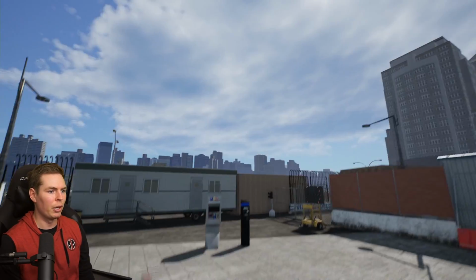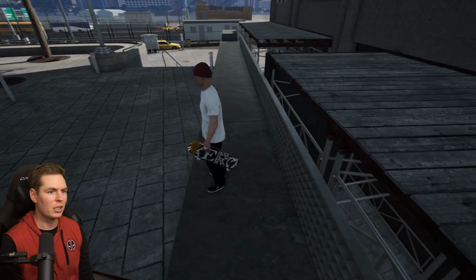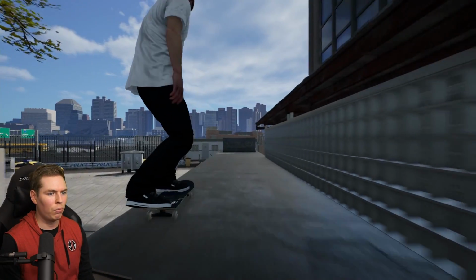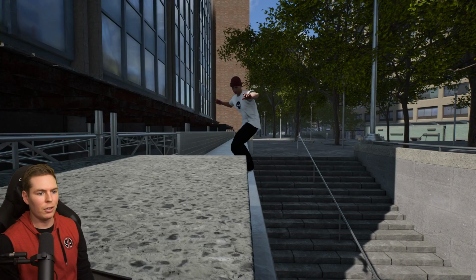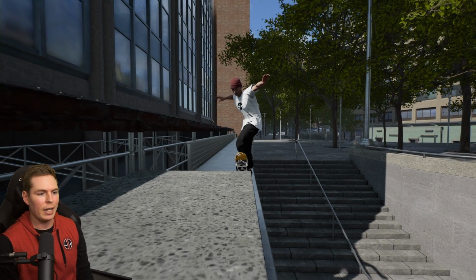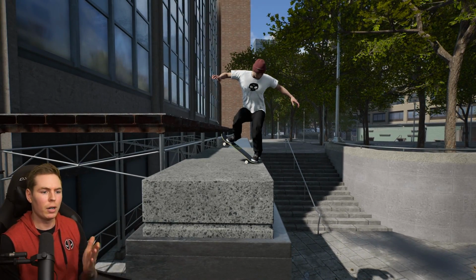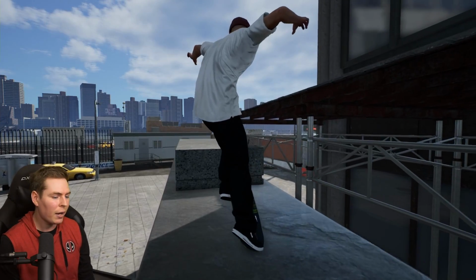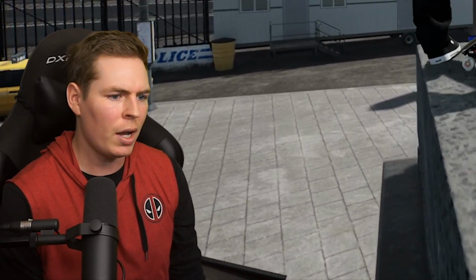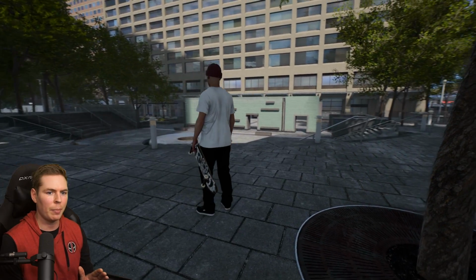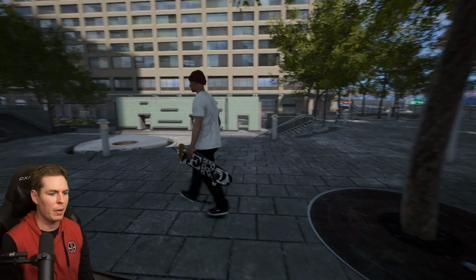Obviously, to get a proper nose blunt on this ledge specifically, you would have to go right from the edge like that and then get into the nose blunt. But even still, you're kind of going straight on at it. You want to call that a nose blunt no matter what. Where technically something like this would be considered a nose slide, right? I can't think of any actual hubbas around this place. I might have to go back to Philly.